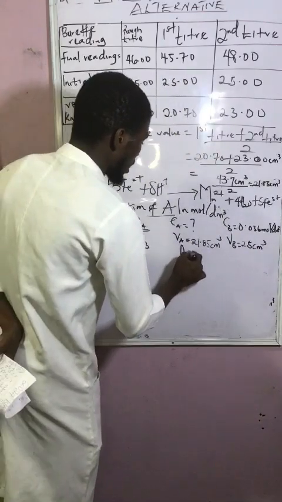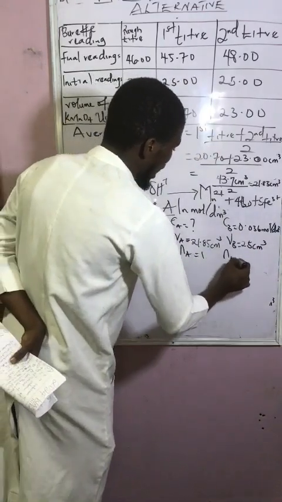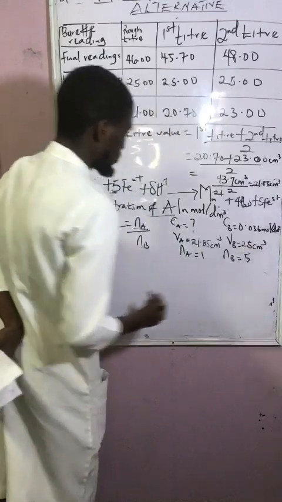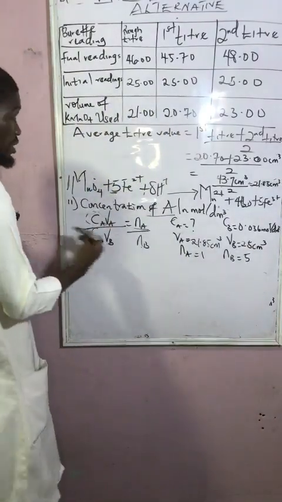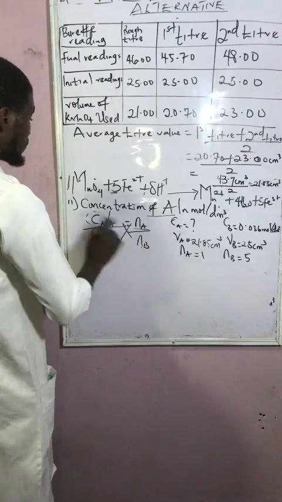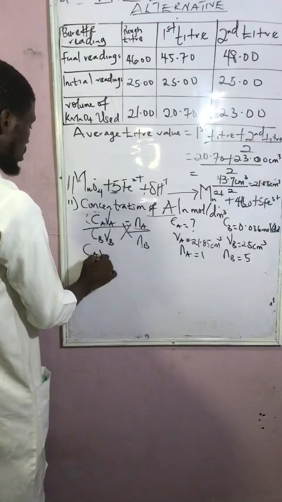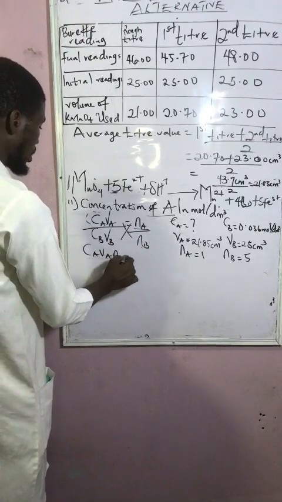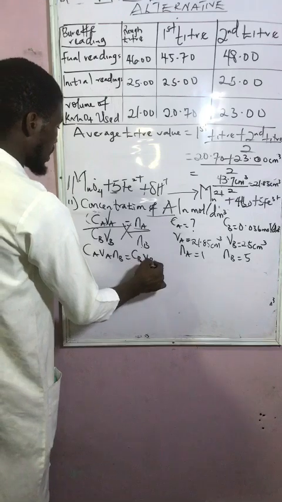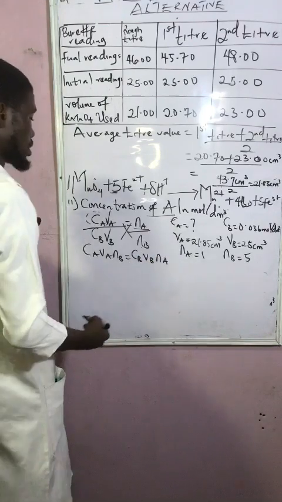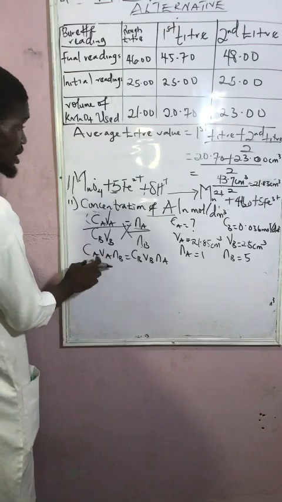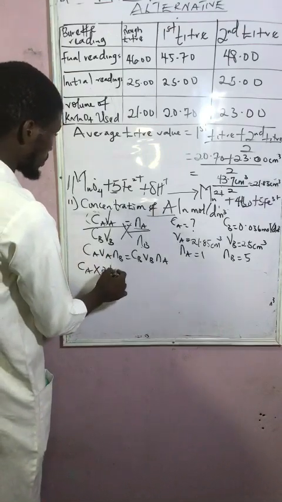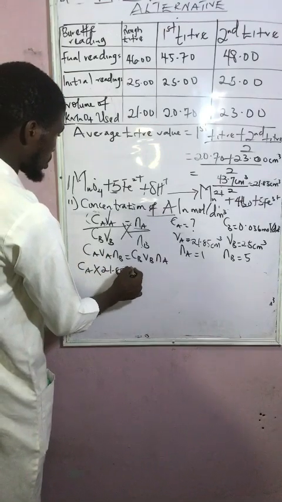Then my Na is 1. Then my Nb is 5, based on the equation you have on the board. So it is very simple. Just cross multiply. That is it. So you have CaVaNb equals CbVbNa. What's our Ca? We don't know it. What's our Va? 21.85 cm cube.